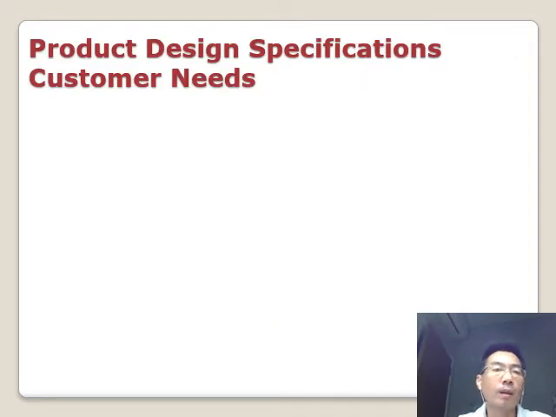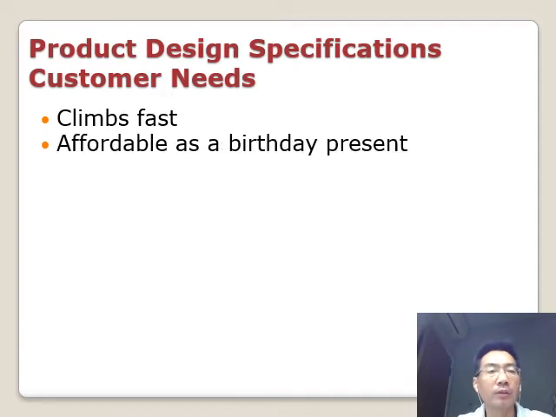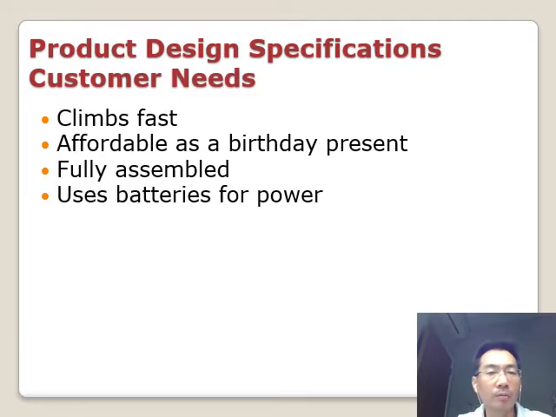We move on to the product design specification as customer needs. The customer requires it to climb fast enough, be affordable as a birthday present, and not be too huge. It should be fully assembled, so you just plug and use.